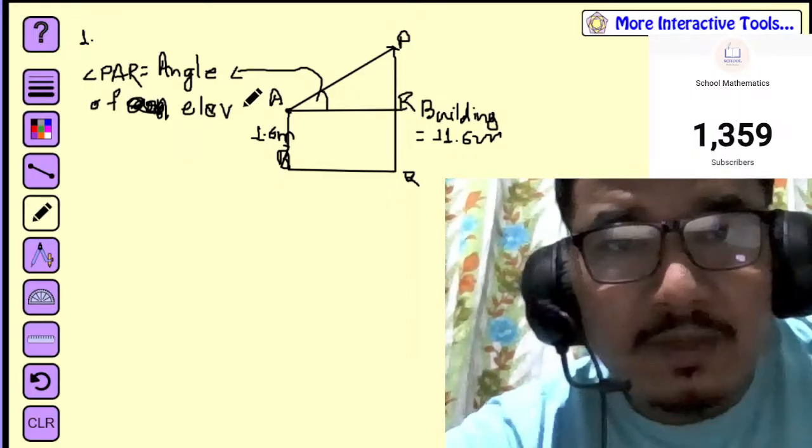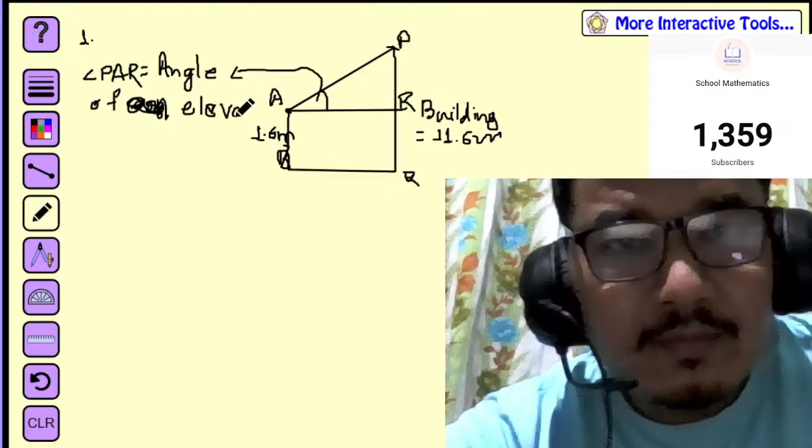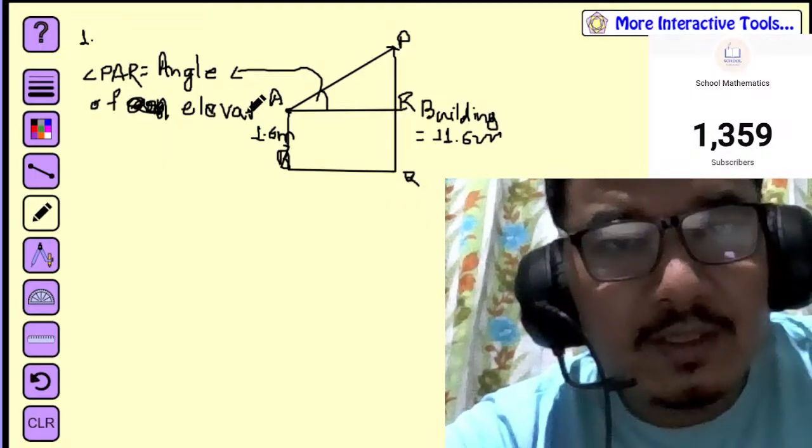That angle is known as the angle of elevation, right?